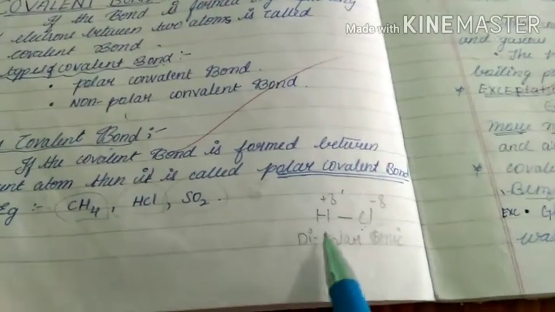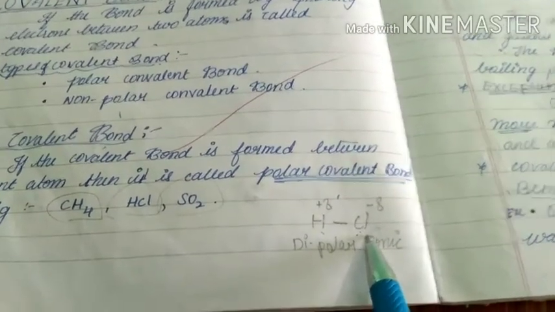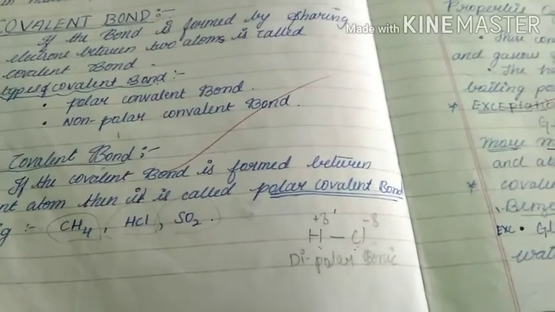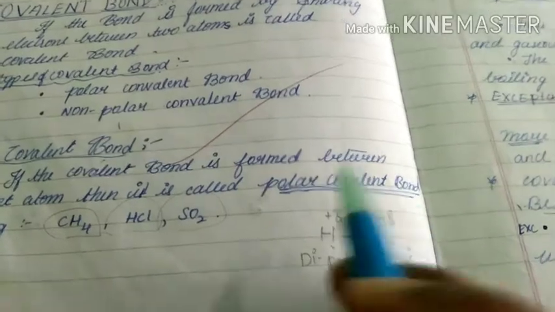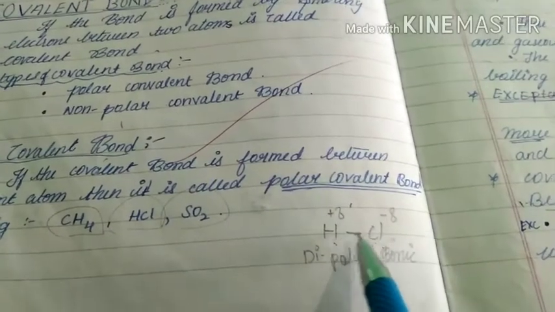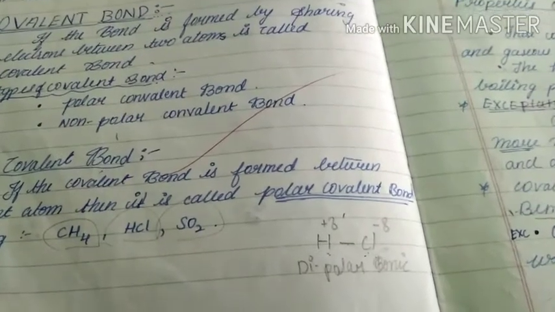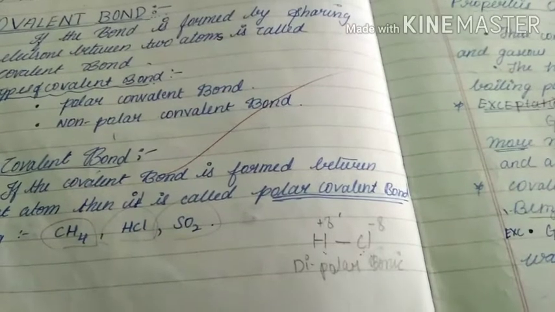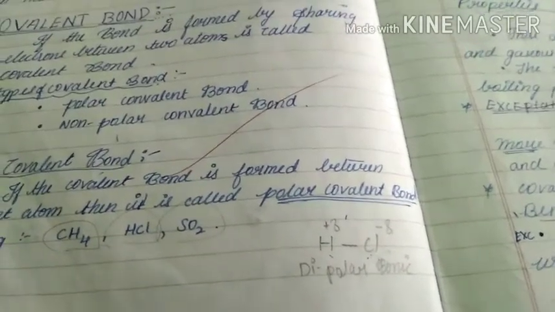Because see, compared to hydrogen, chlorine has more electronegativity. We know that point. Then what happens? These two electrons readily move towards chlorine. What is the meaning of electronegativity? The tendency to gain the shared pair of electrons by itself. That is called electronegativity.